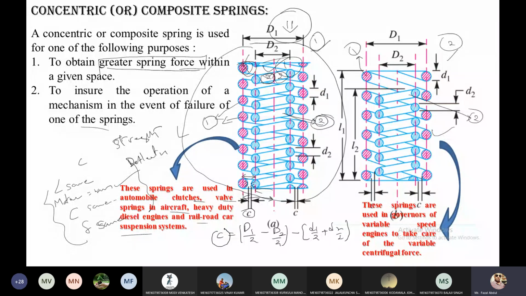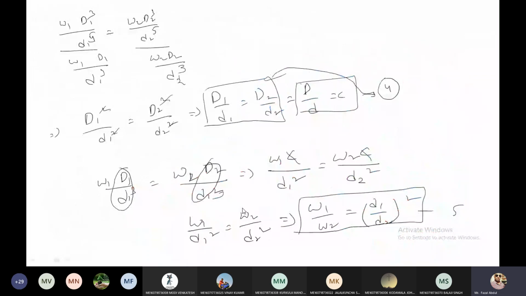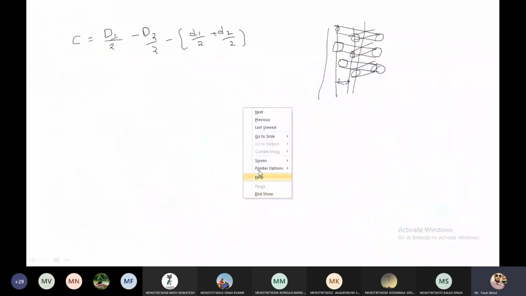And this clearance we can also write as D1 minus D2 by 2. If you subtract, we will get this one, so both we are equating. It means c also we can write as D1 minus D2 by 2.